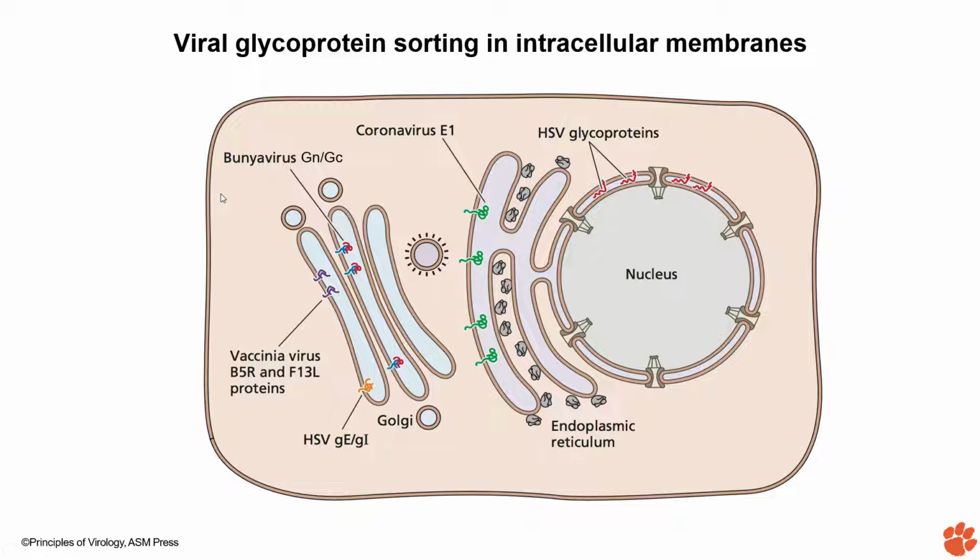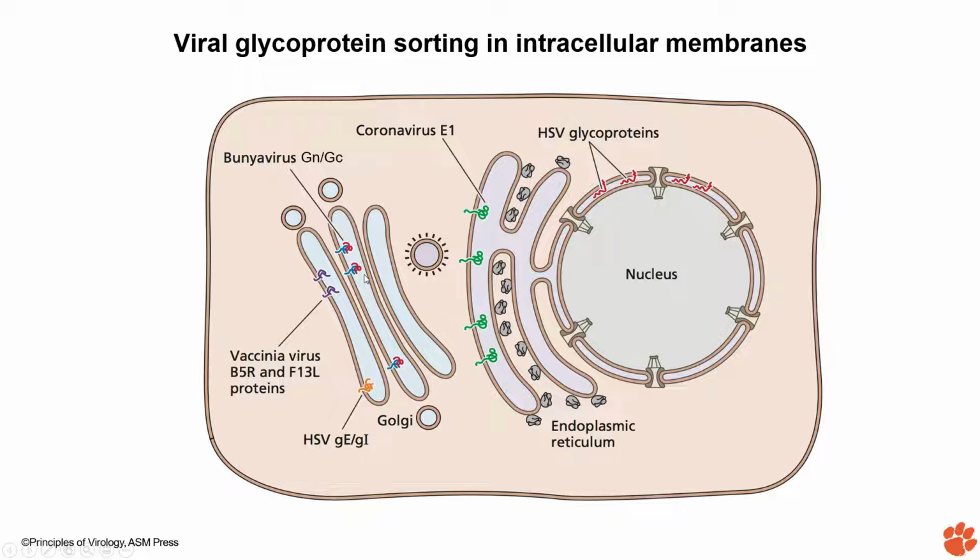So here we are looking at viral glycoprotein sorting in the intracellular membranes. Basically, the glycoproteins which go onto the membrane determine from where the virus is going to bud. For example, this is highly studied in the Bunyavirus, a hantavirus family. You can see that there are two proteins here: GN, which is composed of G1 plus C, and then another protein called GC.